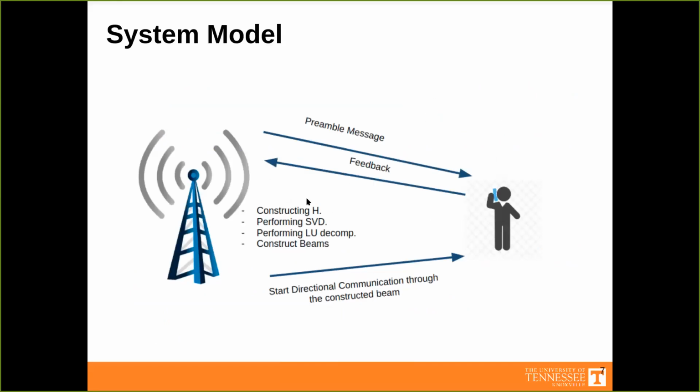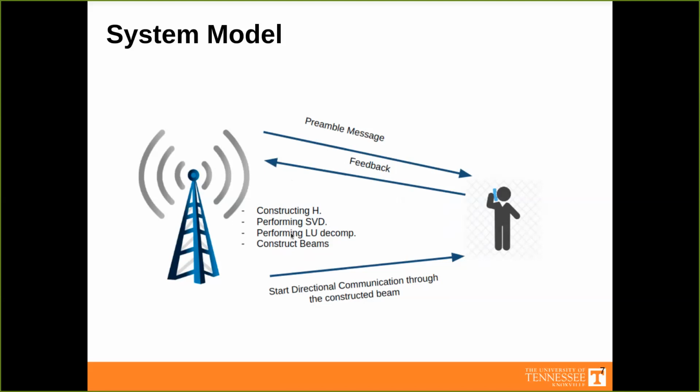Basically, we depend on this methodology where, first of all, the base station sends some preamble or pilot signals. The user equipments send the feedback. By this time, the channel matrix H will be well known to the user equipment and the base station. After constructing H, we apply the singular value decomposition to get the fully digital beamforming matrix.